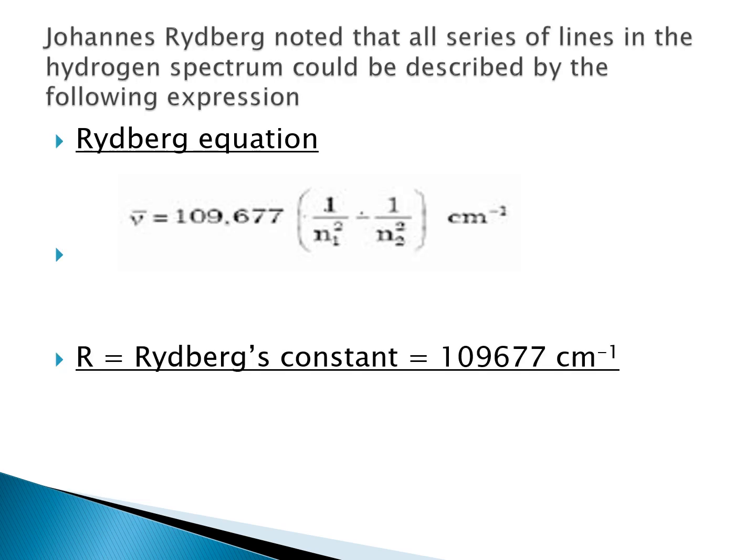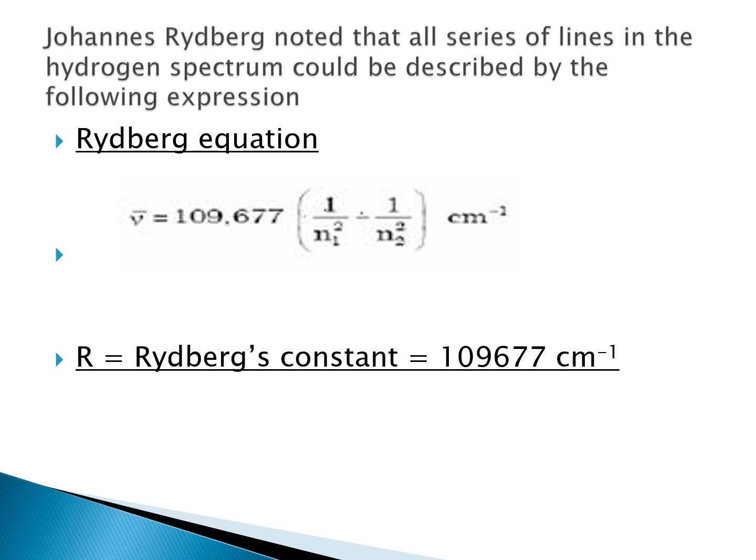This is Rydberg's equation, by which all series of lines in the hydrogen spectrum can be described. Wave number is equal to 109.677 (1/n1² − 1/n2²) per centimeter.